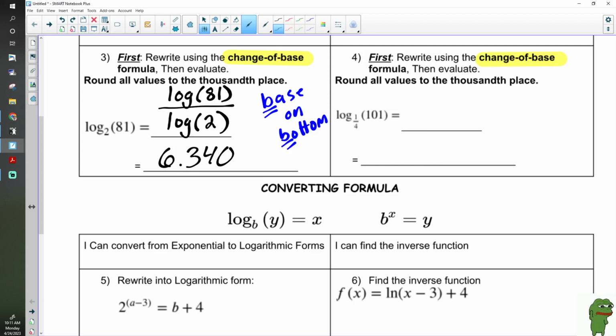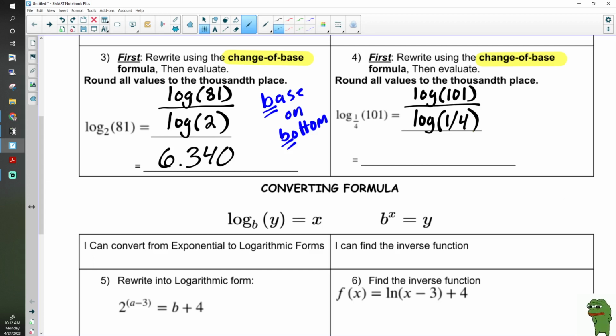So it's the log of the inside divided by the log of the base. Base for bottom, so 1/4 on the bottom. Base bottom. And again, as long as you remember to close your parentheses, you just type it in.